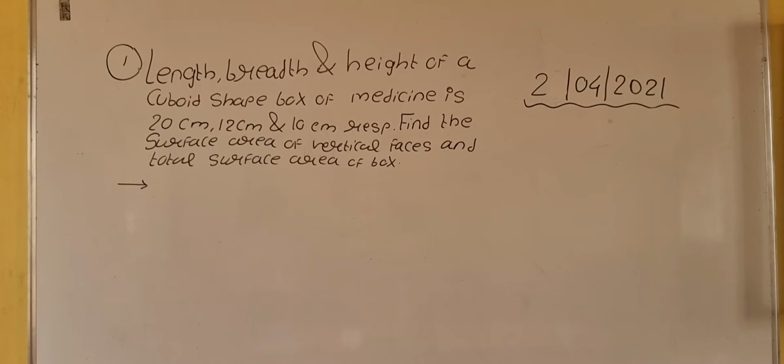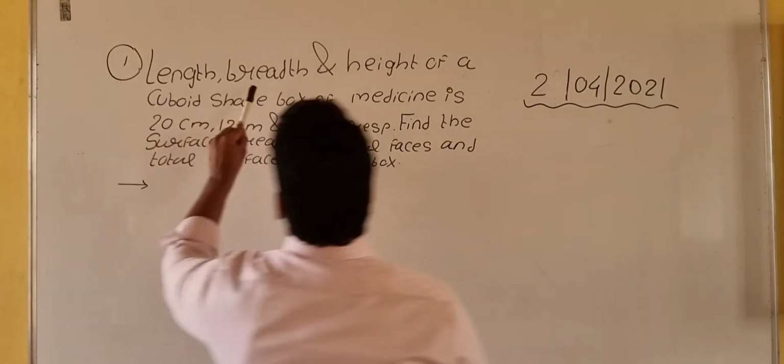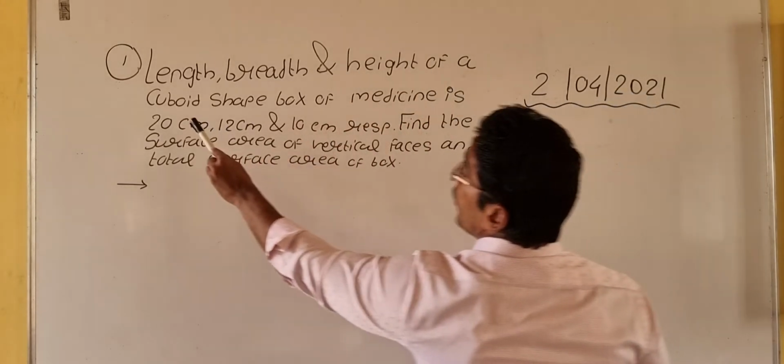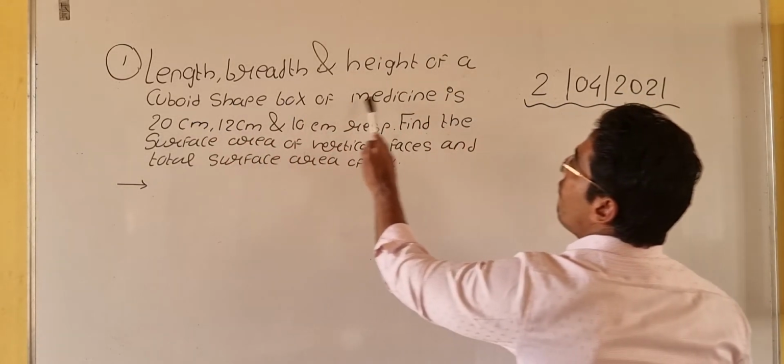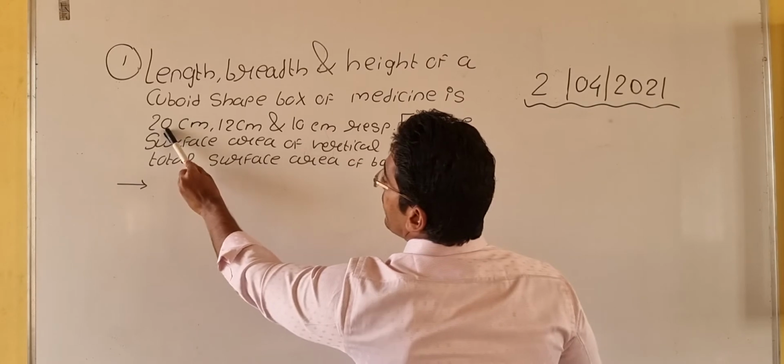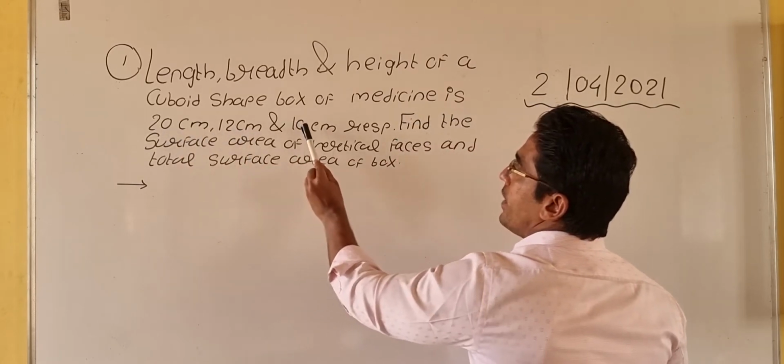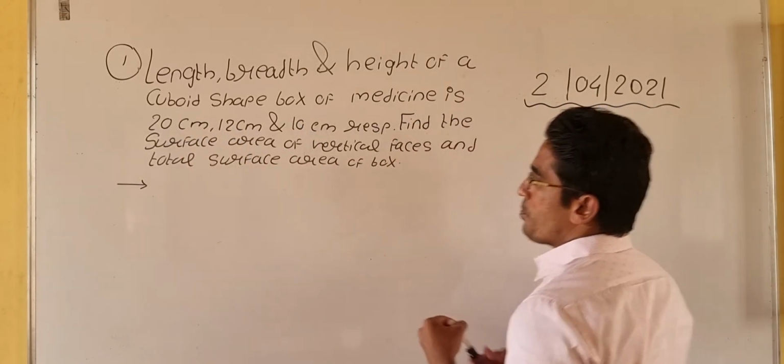Now let's see the first sum. What is given to us? The length, breadth and height of a cuboid shaped box of medicine are 20 cm, 12 cm and 10 cm respectively.